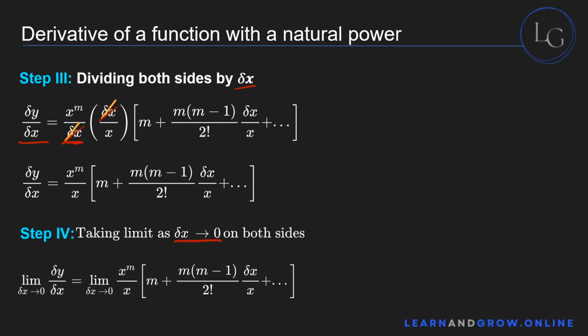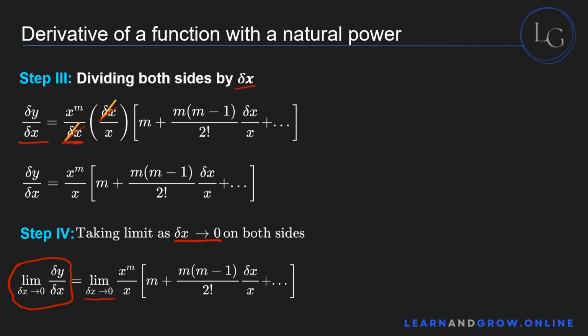So now on the left hand side you have the complete expression for the derivative of y with respect to x, and on the right hand side we'll basically replace every delta x expression with 0 because delta x is approaching 0.